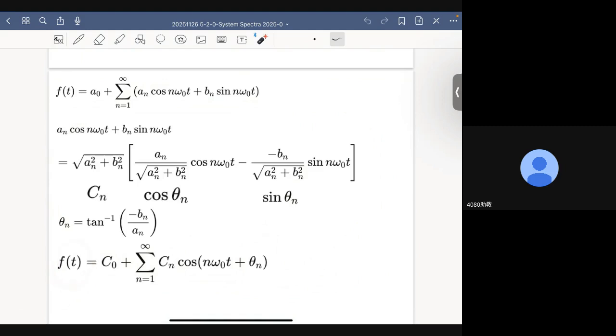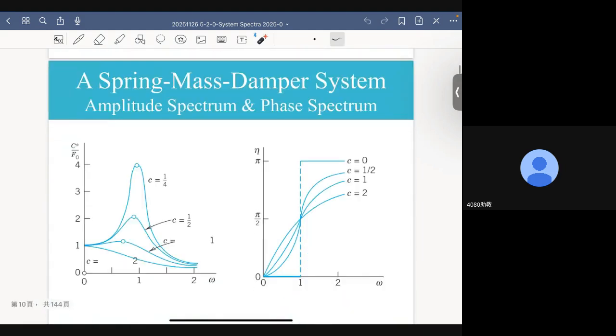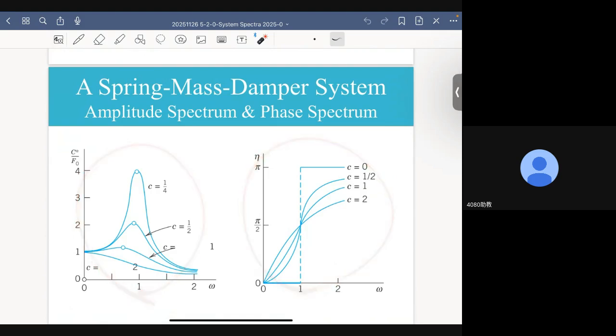Together, they represent the frequency content of F(t), all right? And we can plot them, okay, as a function of omega. And this is what we call the amplitude spectrum of this spring mass damper system. And this is its corresponding phase spectrum, okay?